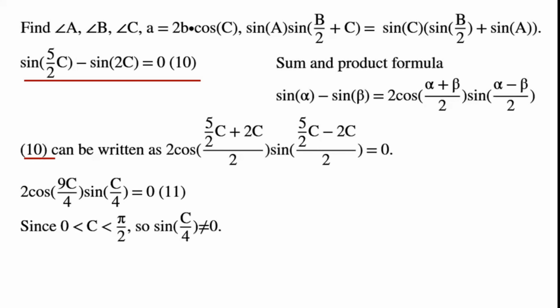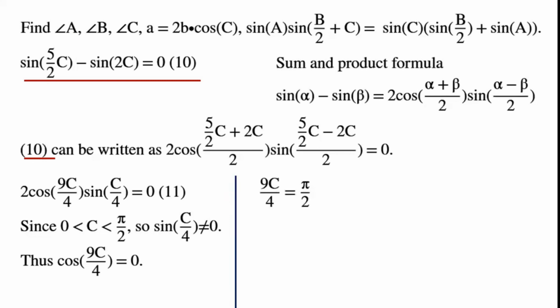Since 0 < C < π/2, sin(C/4) does not equal 0. Thus, cos(9C/4) = 0, which means 9C/4 = π/2.